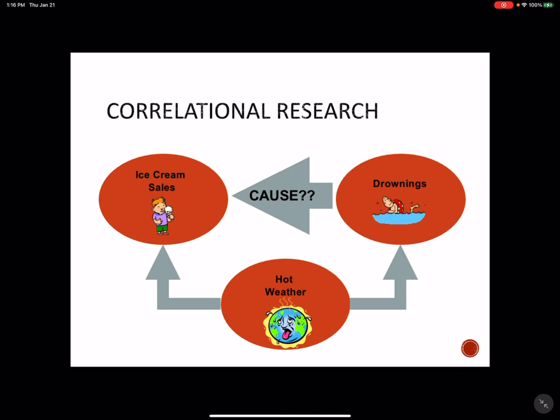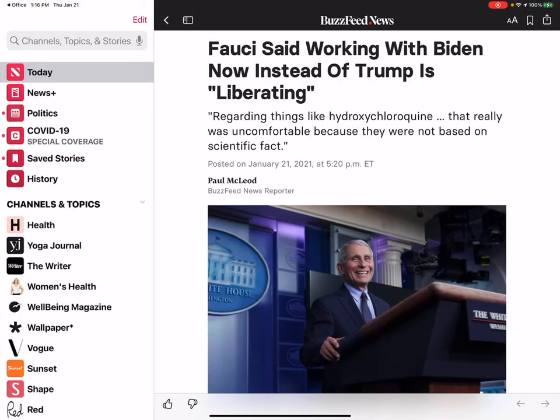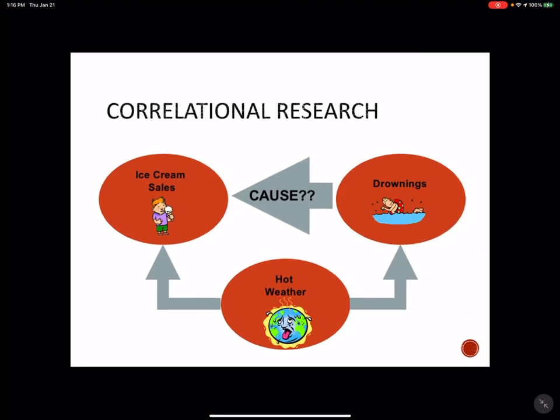And in fact, they are. But the third variable is hot weather.